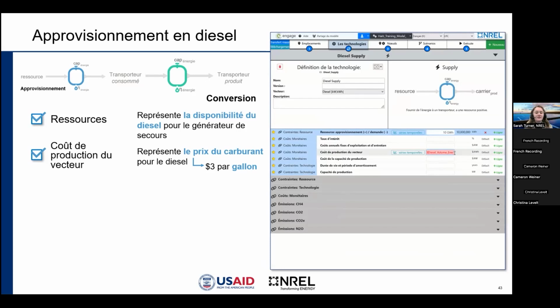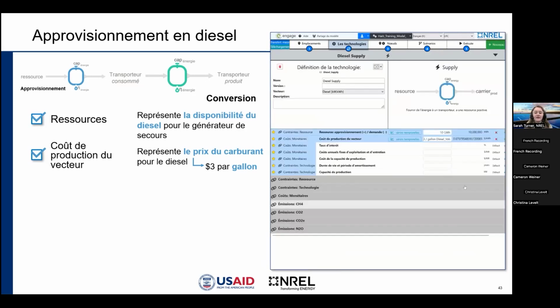Once we have the energy density of diesel, we can convert it into a relevant price by typing $3 per gallon. You'll see on the right-hand side that Engage has automatically done the calculation for us. This is just one example of how you can use the parameter fields in Engage to do unit conversions.